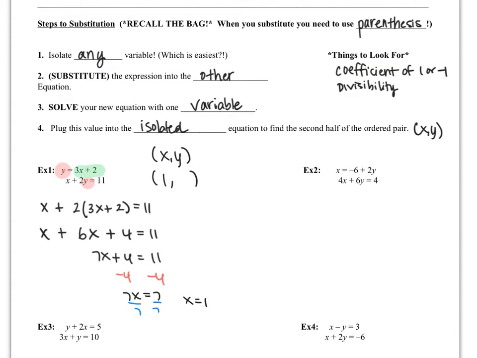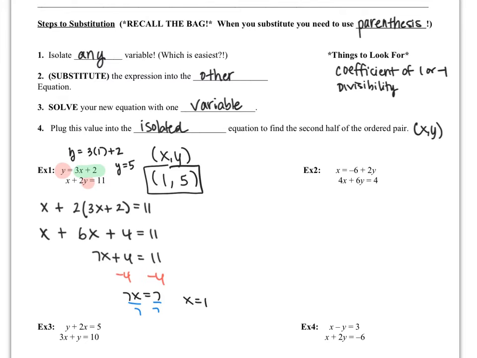Well, now I know that x is 1, and so that means that y is going to equal 3 times 1 plus 2. 3 times 1 is 3. 3 plus 2 is 5. And so what this means is that y equals 5. And so my solution to the system is 1, 5. And what this would mean is that if I were to graph these two equations and look at where they intersected, they would intersect at the point 1, 5.